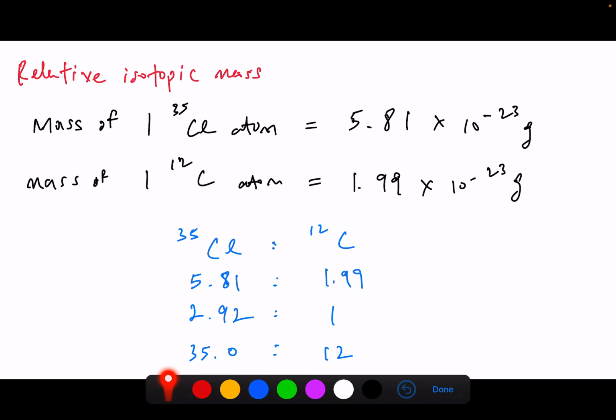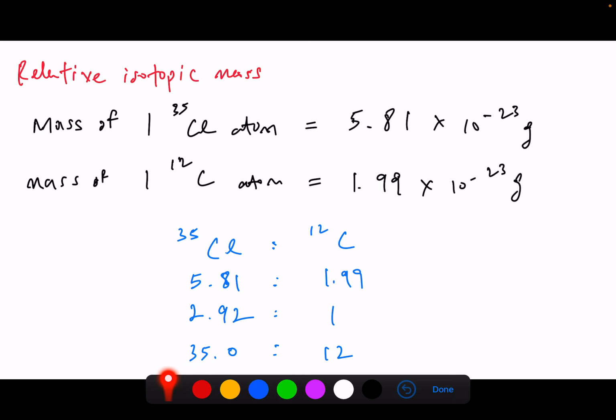The mass of one carbon 12 atom is 1.99 times 10 to the power of negative 23 grams, also a very small amount. Comparing this chlorine atom to this carbon atom, the ratio is essentially 5.81 to 1.99. We can disregard the 10 to the power of negative 23 here because they are the same. So the ratio is 5.81 to 1.99.